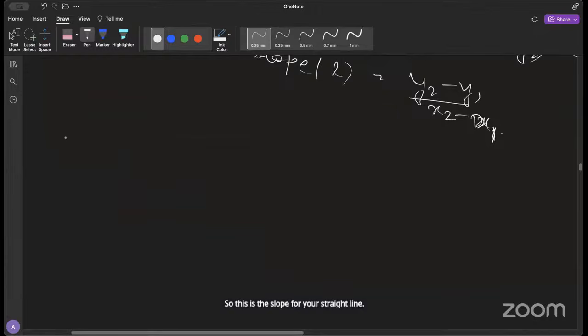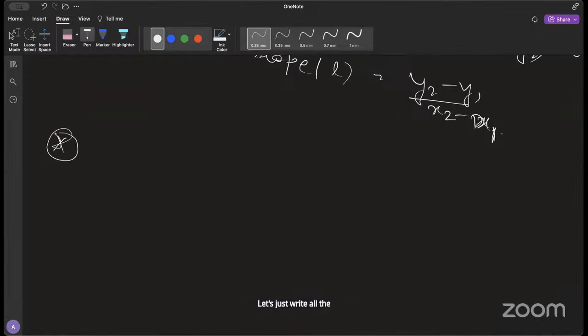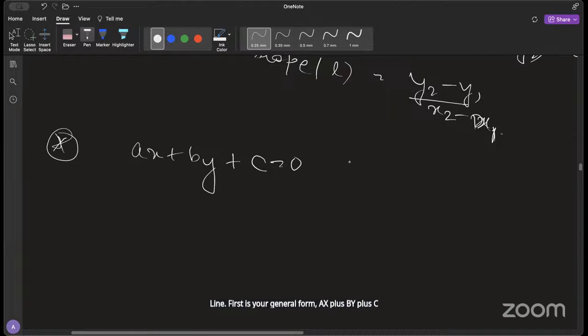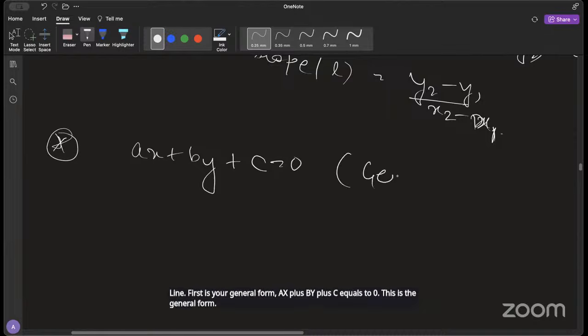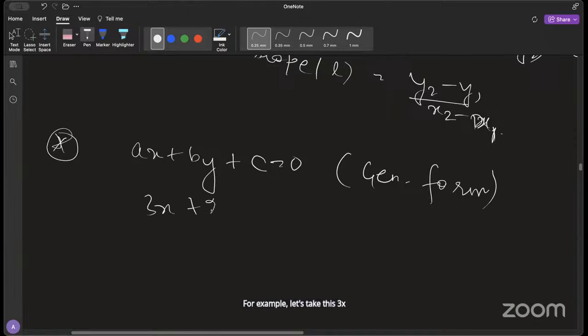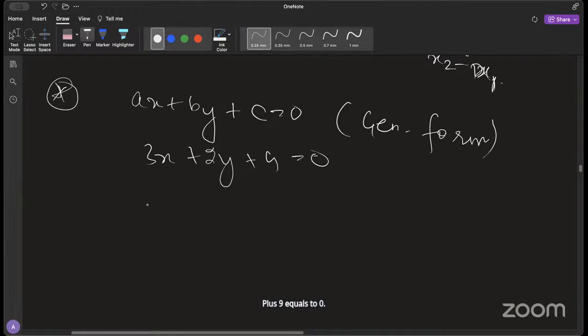Then we have the general form. Let's just write all the forms of a line. First is your general form, ax plus by plus c equals to 0. For example, let's take 3x plus 2y plus 9 equals to 0. This is the general form.